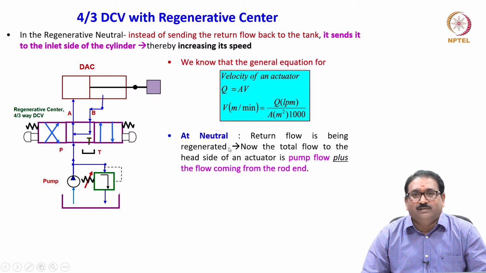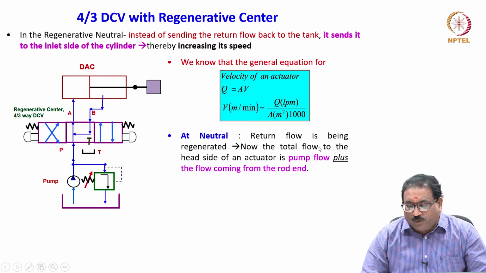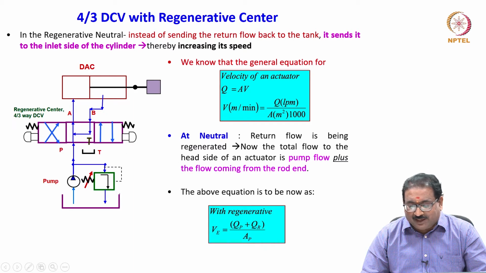At a neutral, the return flow is being regenerated. Correct, friends? Regenerated. Now, the total flow to the head side of an actuator is the pump flow plus the flow coming from the rod side. It is adding here. So the above equation is written as the velocity for extension in the middle position is QP, pump flow, plus QR, return flow, divided by AP, the head side area.